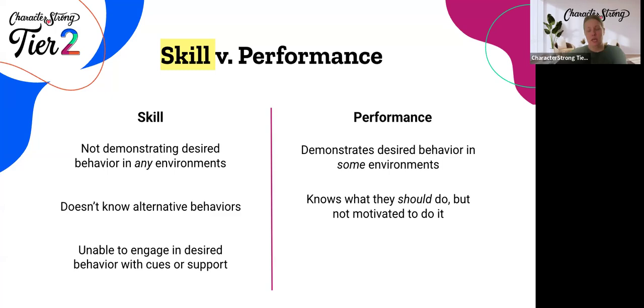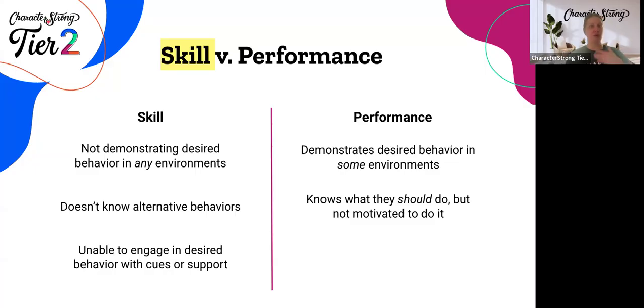The last piece to really know if it's a skill need is that even if we provide the student with support or we remind them right now about what they need to do, they're still not able to do it. So when we give them a cue, a correction, some form of support, they're still not able to do it because they haven't learned the skill yet. They haven't gained the knowledge yet.